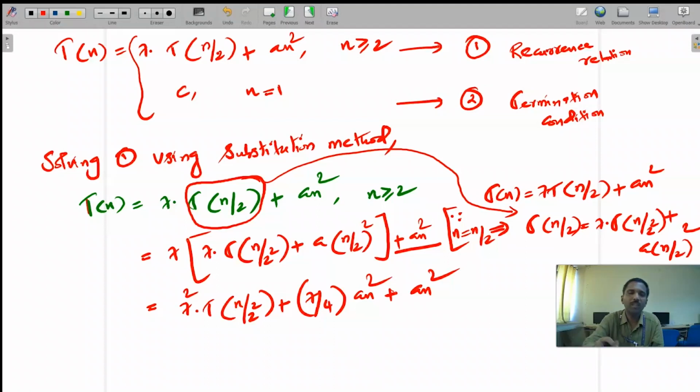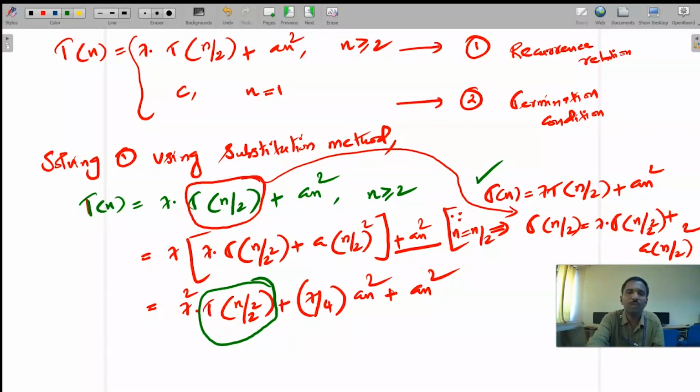Now extending the recurrence relation one more stage so that we can find the value of T of n by 2 power 2. This is obtained by putting n is equal to n by 2 power 2 in the first equation.